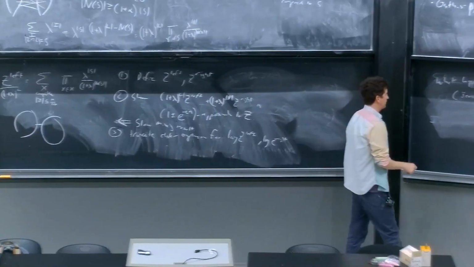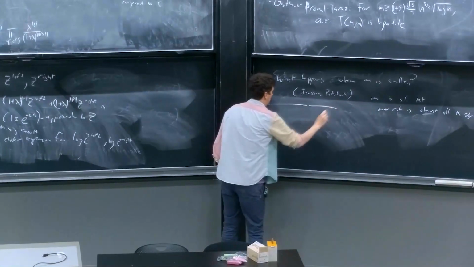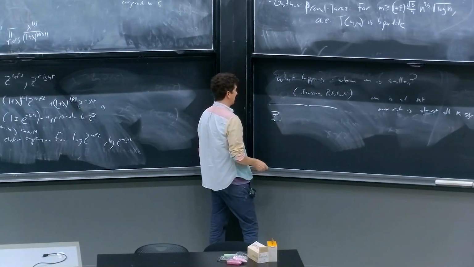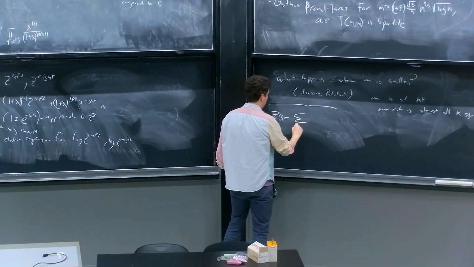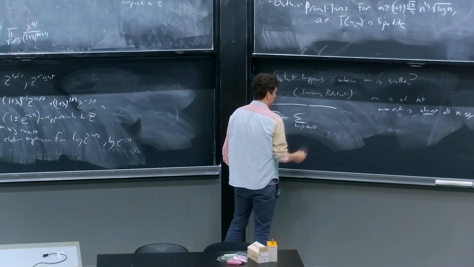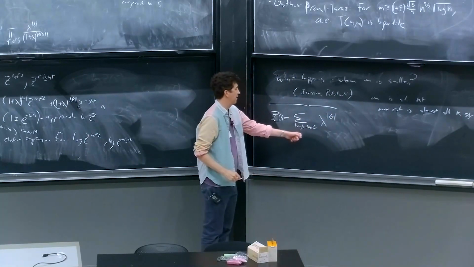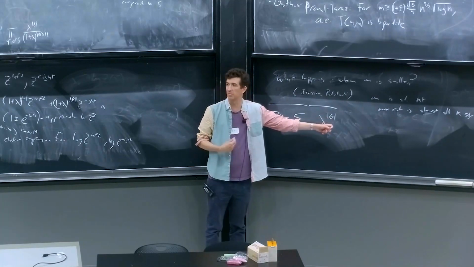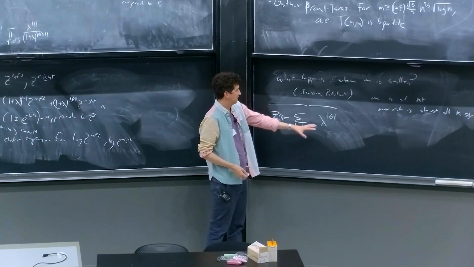Let me switch a little bit just to make things easier. So now my Z of lambda is going to be the sum over triangle-free graphs of lambda to the size of G. So this is over triangle-free graphs on n vertices, and size of G just means number of edges. Okay, so this is some weighted count.